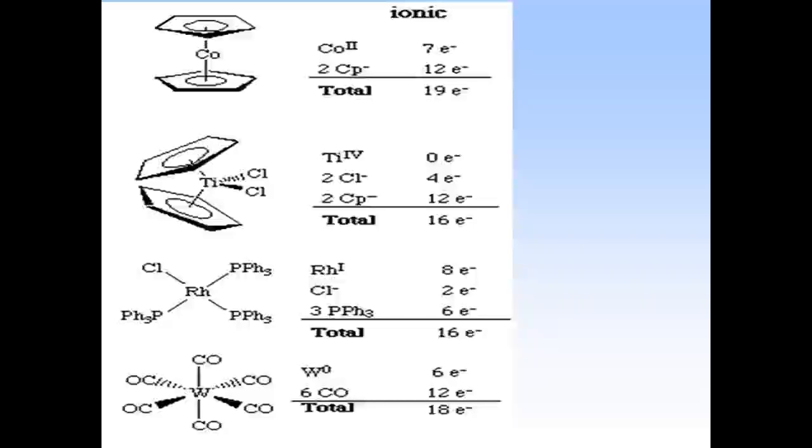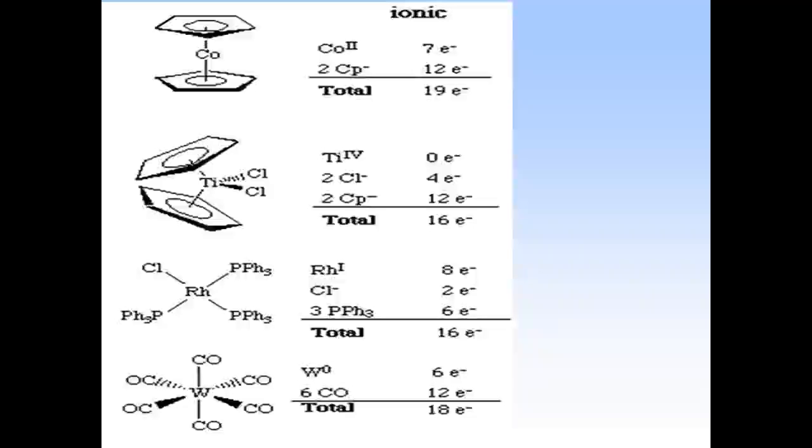And the next compound is rhodium. In the case of rhodium, only the chlorine is an anion. Triphenylphosphine is a neutral ligand. So 3 PPh3 donate 6 electrons. The 1 Cl minus donates 2 electrons, and rhodium oxidation state becomes Rh+, which has 8 valence electrons, and the tally is again 16 electrons.